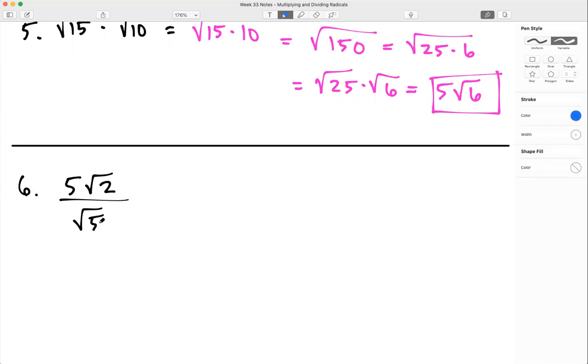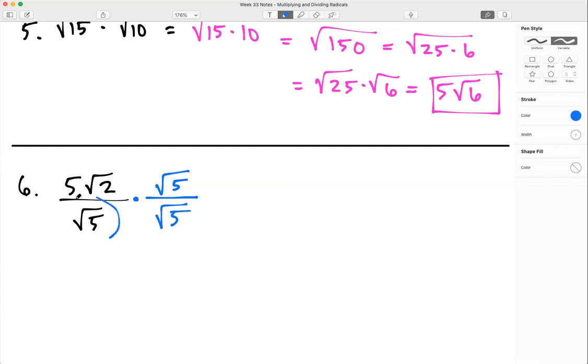Well, watch the trick, okay? Whatever you have in your denominator, and it has a square root over it, you're going to take that. Here's the trick. You multiply this whole thing by the denominator over itself.